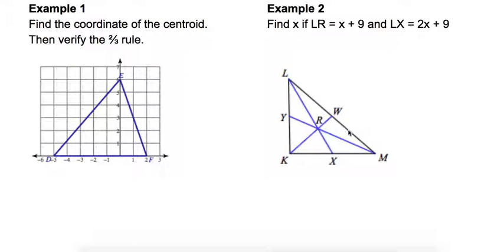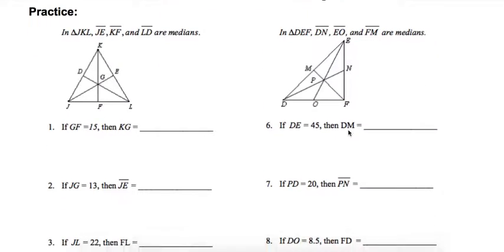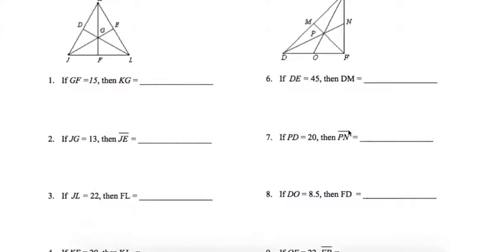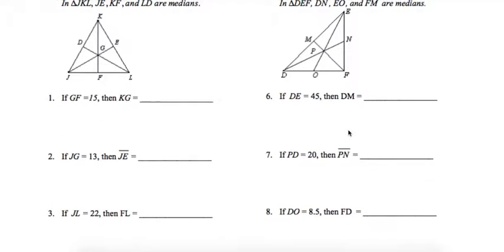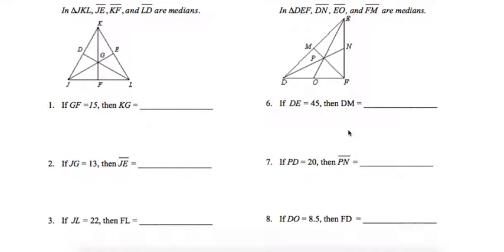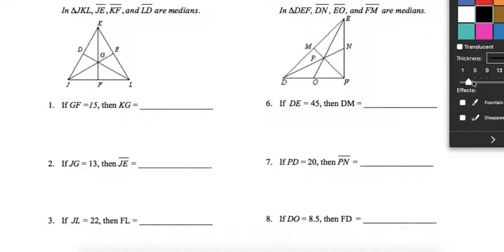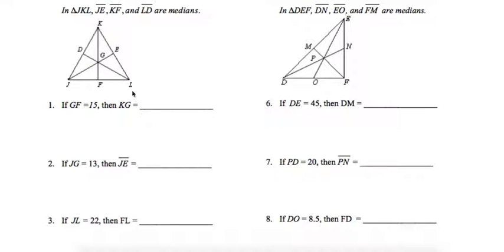So if we look on the back, there were some more examples. Let's just look at these first ones, 1 through 5. We're going to label each one, and then we'll see if we need to go any further. So for this one, GF is 15.